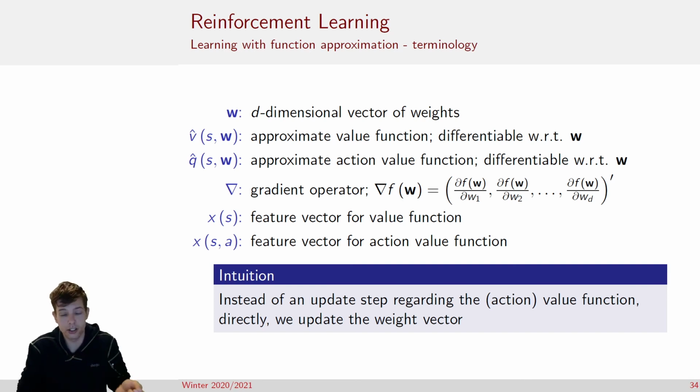So the number of cars in the first location times the number of cars in the second location times 0.1 or something might also be a factor that affects our value function. So what we need to learn is first a vector of weights. We will learn these with the same or similar algorithms that we have seen so far.